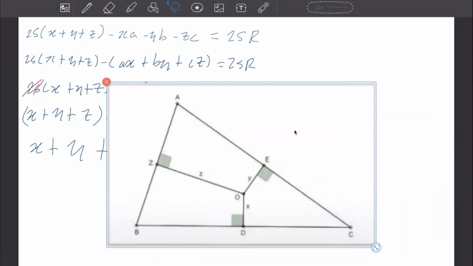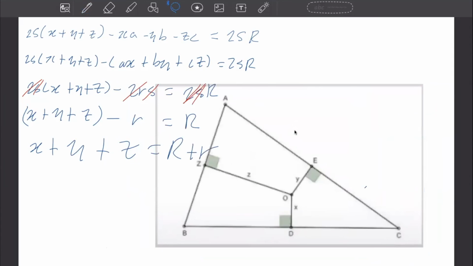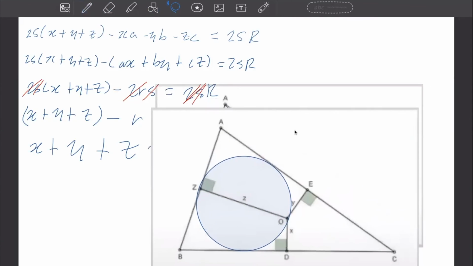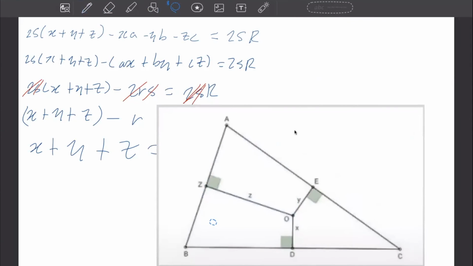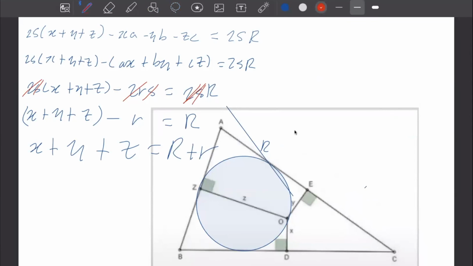To put this in a drawing, since x plus y plus z equals R plus r, we can actually say that this length and this length, sorry for the bad drawing, this length for this is going to be another r.